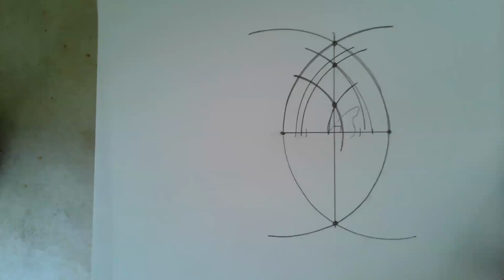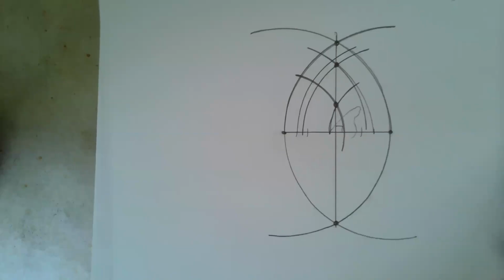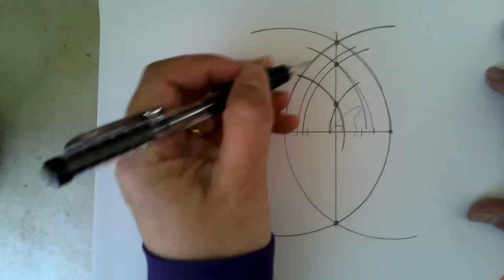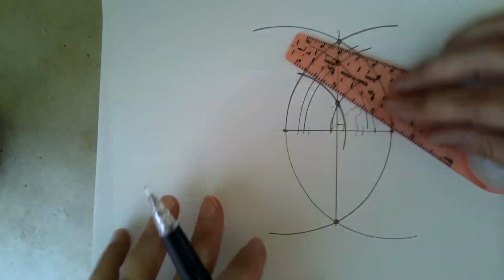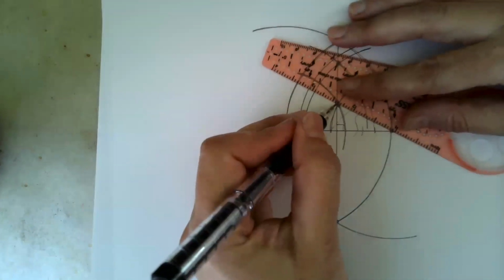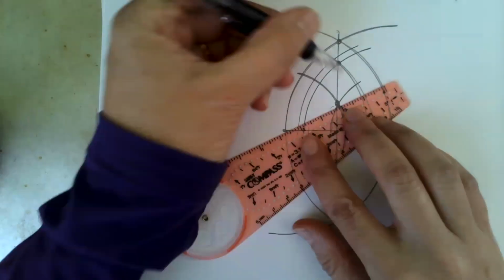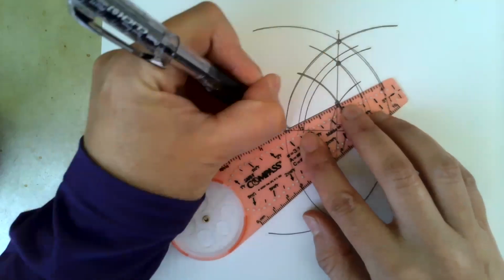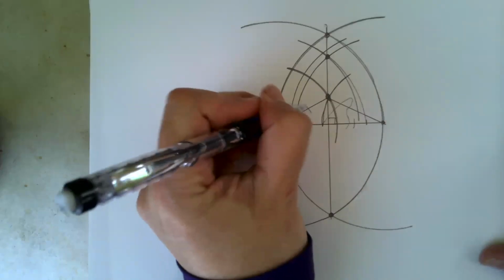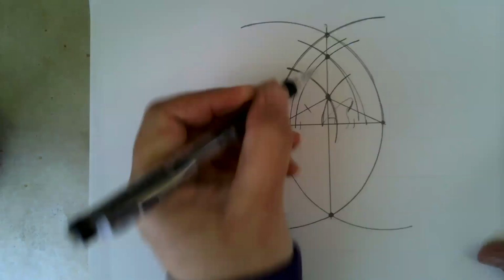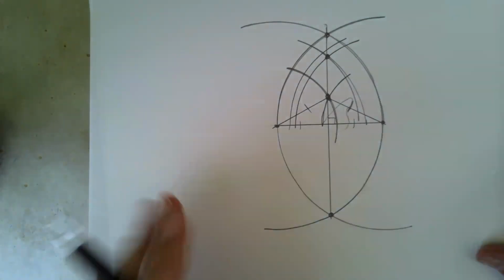And what we're doing right now is we're actually proving a theorem about the perpendicular bisector, which is the following. Every point on this perpendicular bisector is equidistant from the end points of the segment. So that means that this equals that if this point is on the perpendicular bisector.